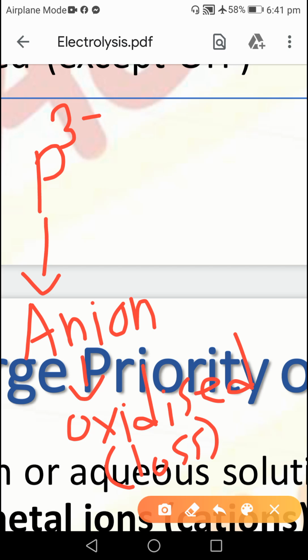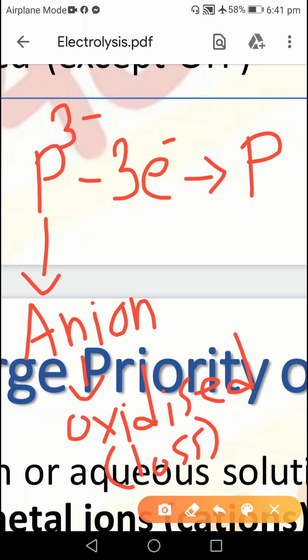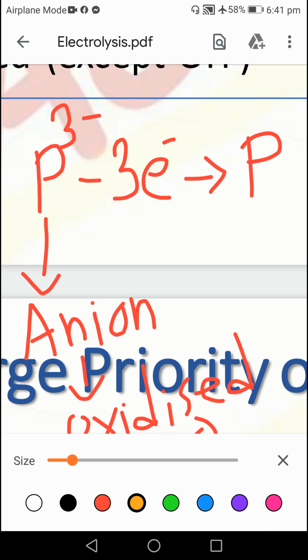Now, to predict how many electrons will be lost, you have to look at its charge. So what is the charge? Its charge is 3 minus, so it will lose 3 electrons. P 3 minus minus 3 electrons gives P. This minus represents the loss of 3 electrons.